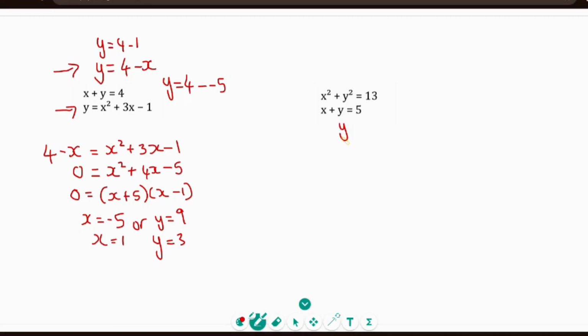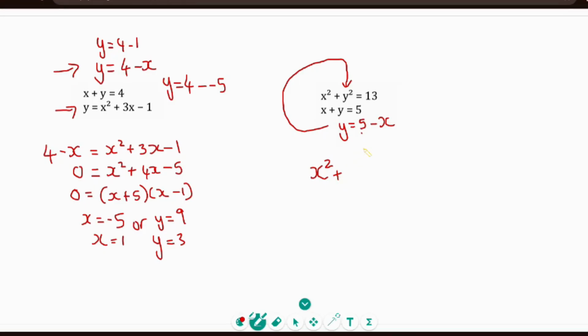I'm going to make y the subject for this bottom linear equation by taking an x off both sides. And then what I'm going to do, and these are the most popular ones I think for IGCSE exam, is substitute that equation for y into the top equation. Then we will have an equation all in x.